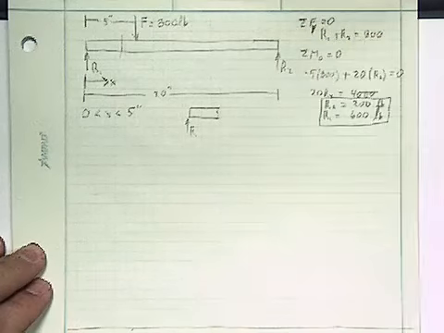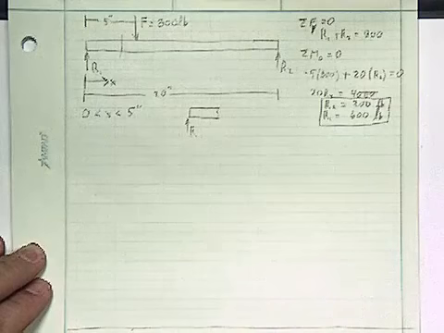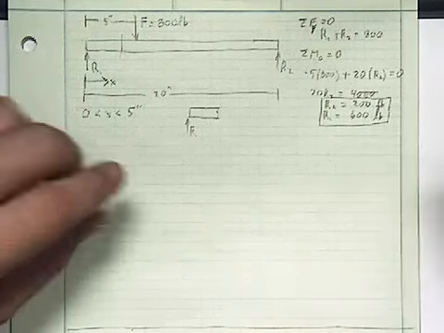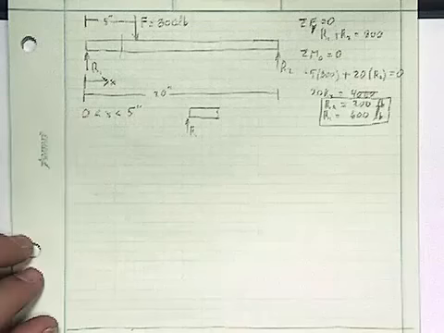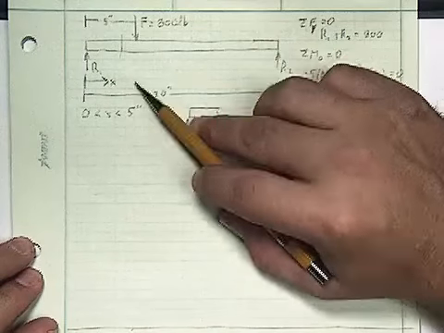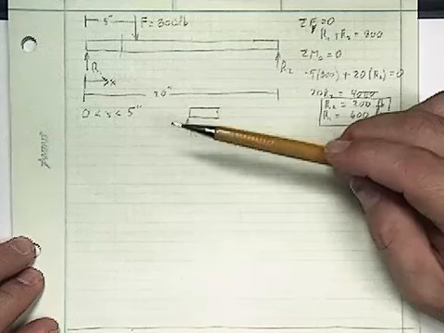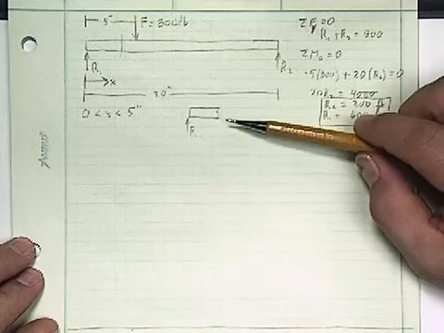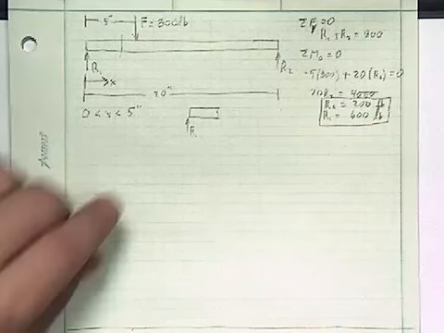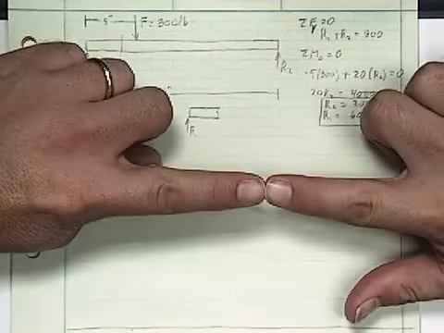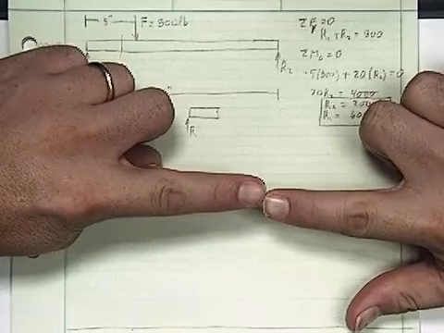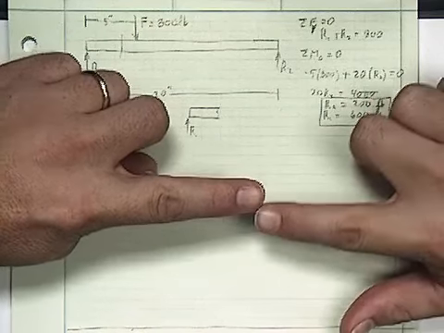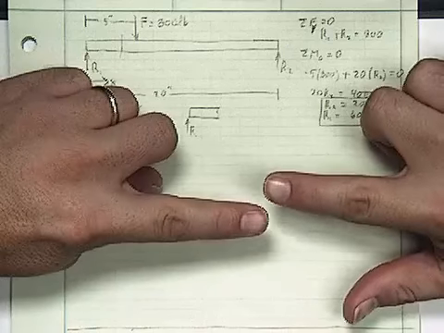Okay, so let's talk a little bit about the convention of internal stresses. So what's happening here is the force F is trying to shear the beam in half. And there's got to be something going on inside the beam that resists that shearing. Okay, so the way that we consider positive, if the left half is trying to raise above the right half, then we're going to consider that to be positive shear, and the other way is considered negative shear.